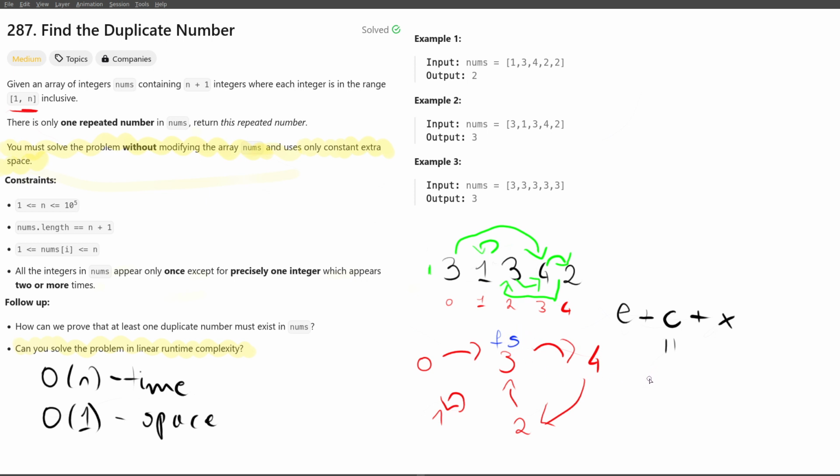The slow pointer did the same e steps, and then also did the x steps, but without c, since they met at the same point, x steps along the cycle. And of course, we have to multiply this whole thing by 2, because for each step the second pointer did, the first pointer did 2 steps.